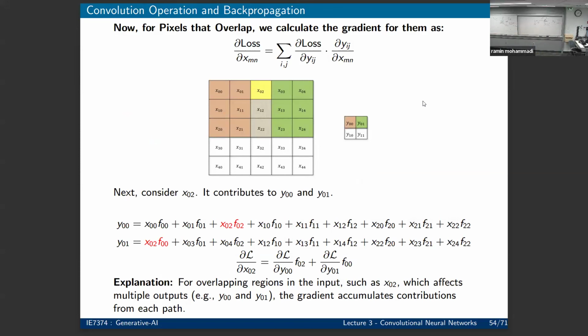If you want to calculate the gradient with respect to that, you need to look at both equations for y00 and y01, and then you get a summation of two gradients. That becomes the gradient with respect to x02. Anytime you have overlapping pixels or data points, you need to do a summation over the gradients.